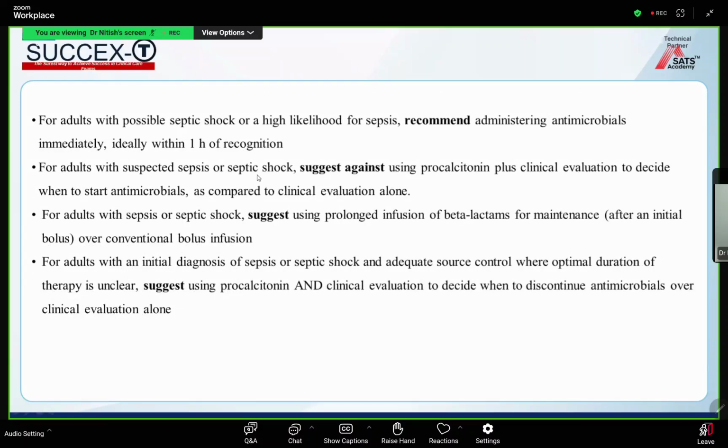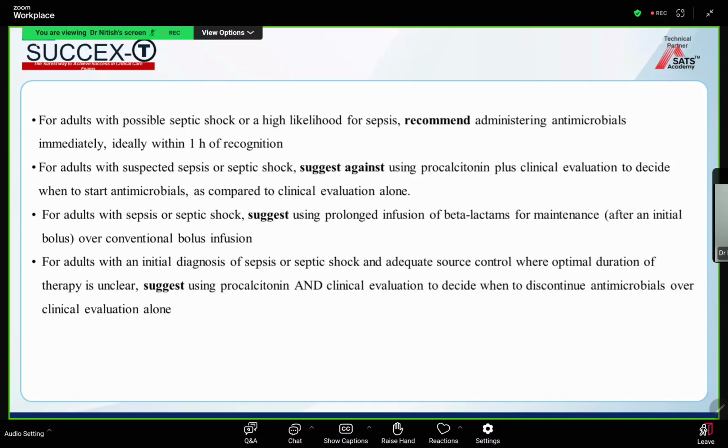The SSC suggests against using procalcitonin for starting antibiotics. They say you can rely only on clinical evaluation. Then they also say that you can use procalcitonin along with the clinical evaluation for stopping or de-escalation of antimicrobials.